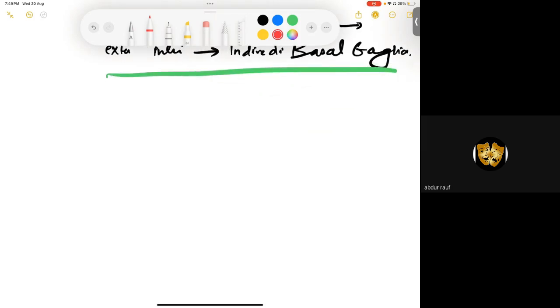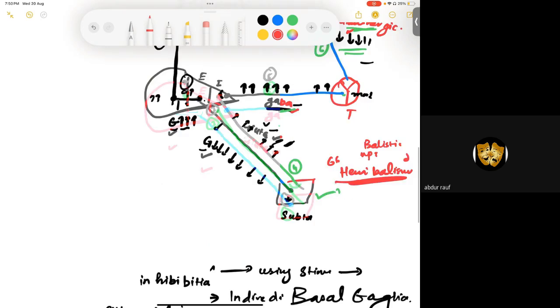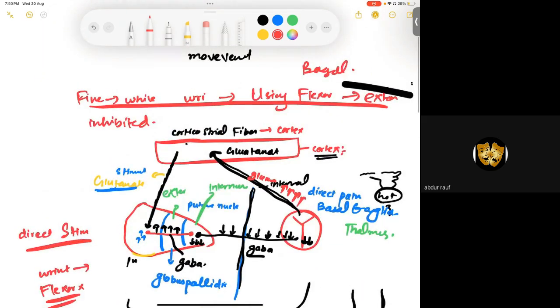So the next pathology, which we are going to discuss in detail, but we have some time here as well, is known as Parkinson disease, right? Remember one thing. We discussed two pathways here, the direct pathway and the indirect pathway.